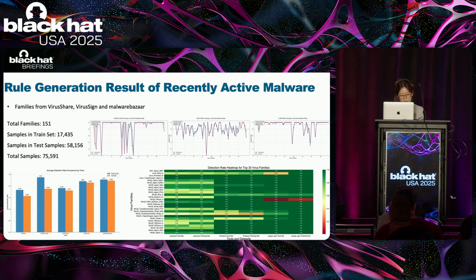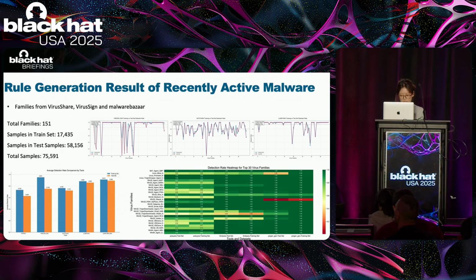In the experiment, first, we use a public malware dataset collected from 3 open sources after 2025. For each family, we randomly picked 1/3 of the samples, up to a maximum of 1,000, as the training set, and used the rest as a test set.